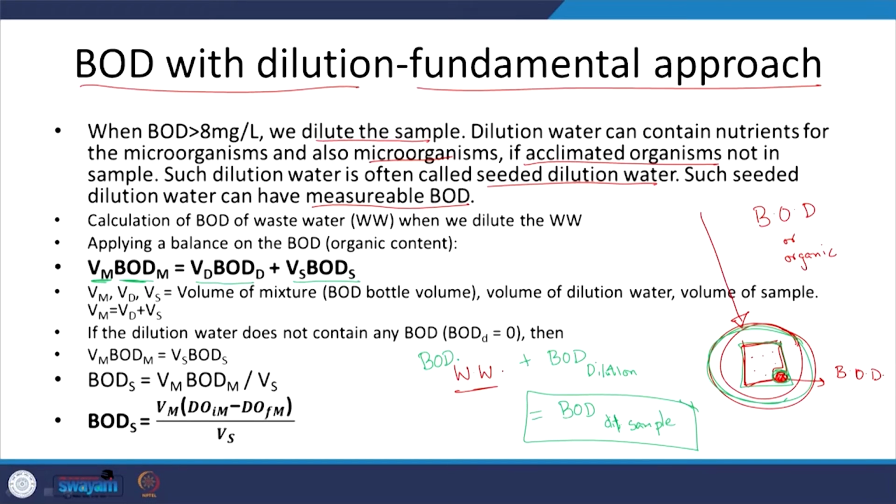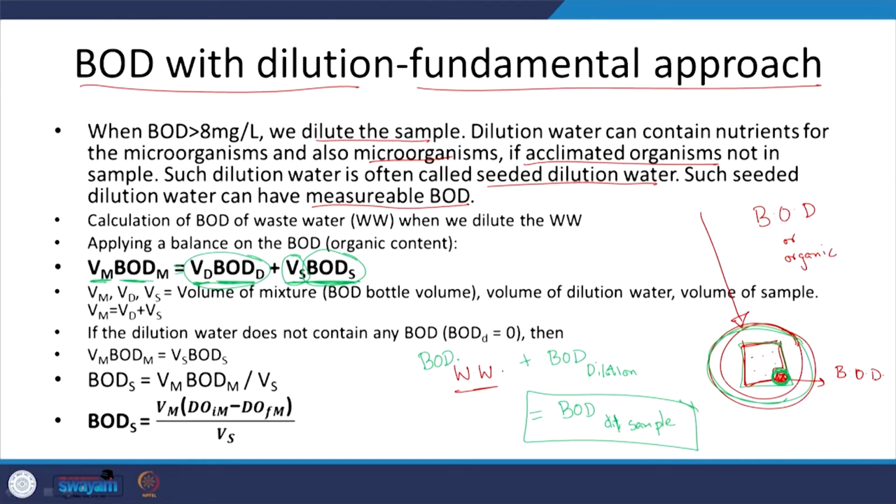This actual sample is only a tiny fraction. So, volume of sample into the concentration of the BOD in that sample will give me the mass of the organics in that sample. Similarly, volume of the dilution water into BOD of the dilution water will give me the mass of the organics in the dilution water.